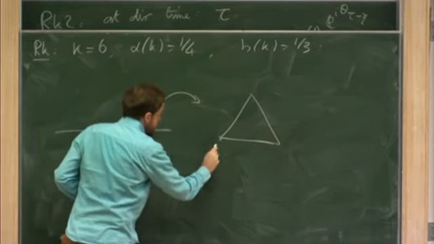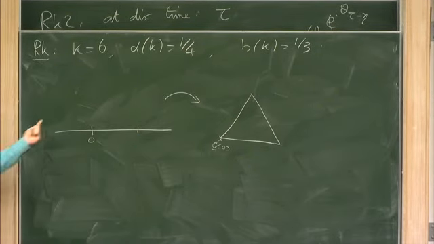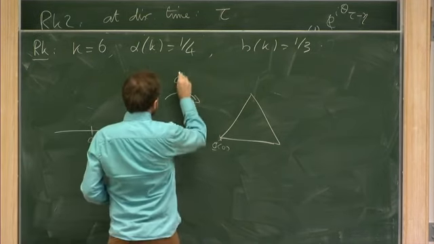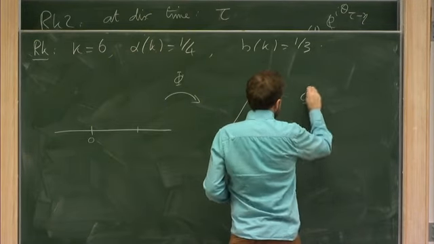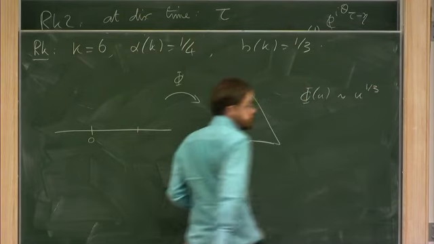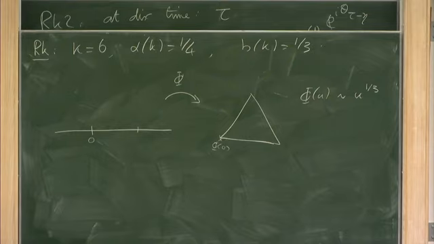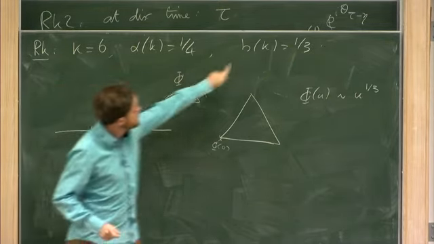This is the image of 0. You want to divide the angle by 3. So the local behavior of this map, this is phi, phi of u at 0 behaves like u to the power 1/3. And this 1/3 is the same as the 1/3 that you get here.